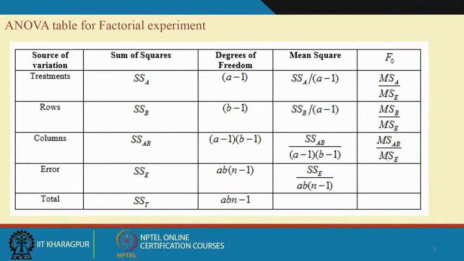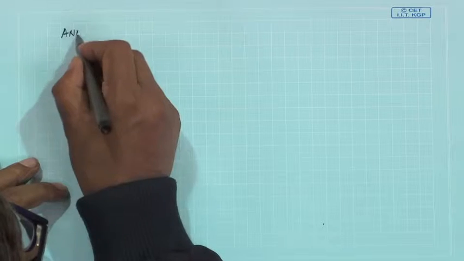Now, once you compute the sum of squares, you will go for the ANOVA table. What will be the ANOVA table here?